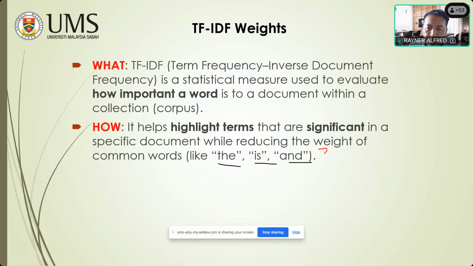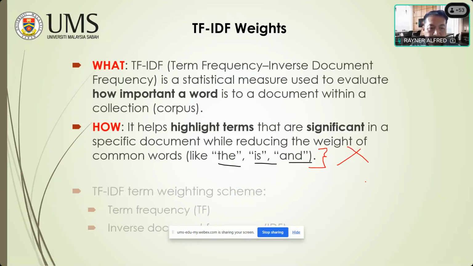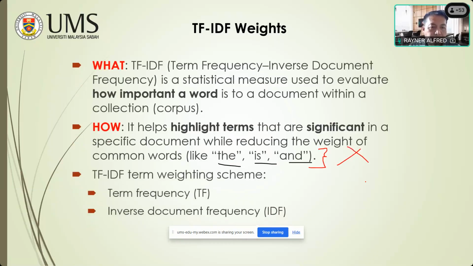So these cannot be used to determine how important the term is with respect to the query. Okay, so we want to have this stop word. This is called stop word. So the TF-IDF consists of two components, term frequency and inverse document frequency.